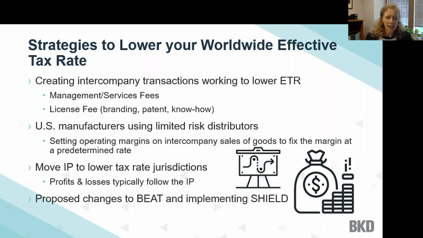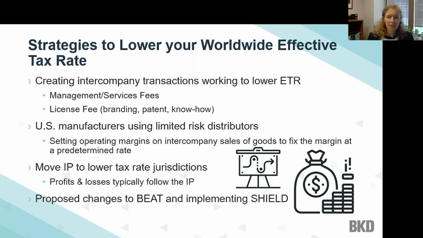There have been a few drafts, like maybe BEAT goes away and SHIELD replaces it, or maybe they work simultaneously. BEAT is the base erosion anti-abuse tax, and that's for companies with an average revenue of $500 million. So your company may not have to pay BEAT, which is good. It's usually for foreign-owned companies. That's generally when it applies.